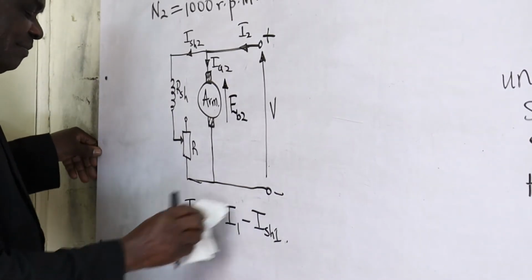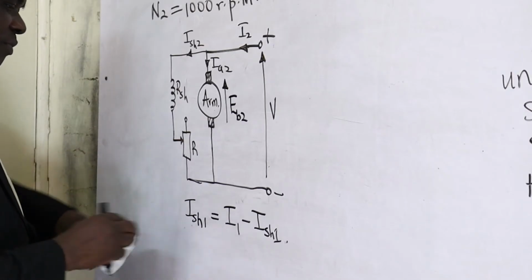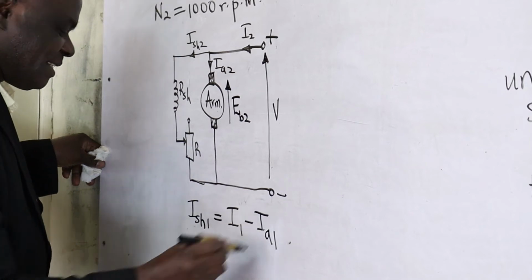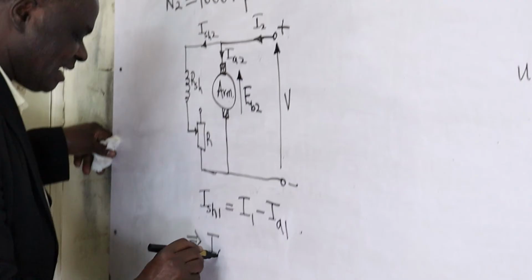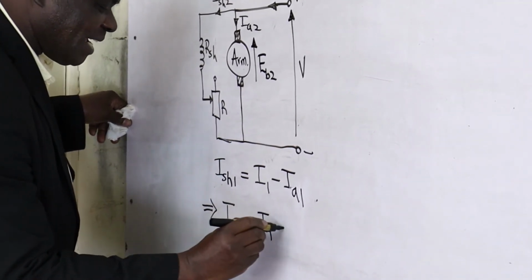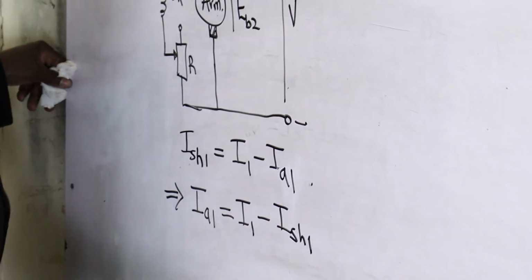This implies our IA1 will be equal to I1 minus I shunt 1.